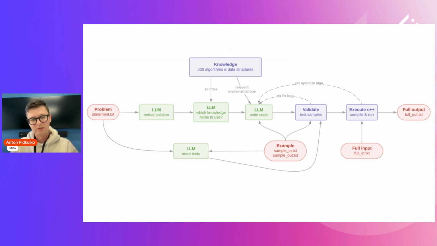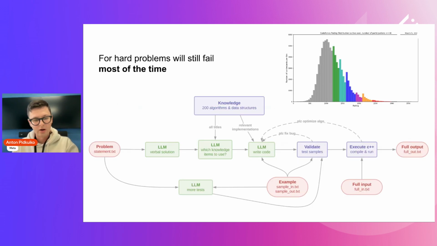So as you can see, iteratively, step by step, we went from a very small simple MVP to something more sophisticated without writing any code, just prompts. And let's try to think, how good is it now? If you give this system a very simple problem like a plus b, it will definitely solve it.